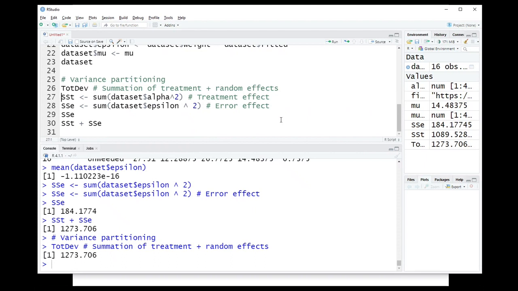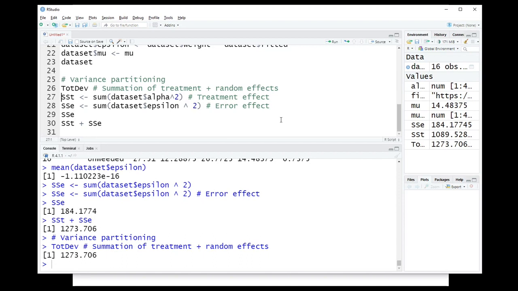Now we have managed to split the total deviance in two components. One is due to treatment effects, and it relates to alpha. The other one is due to random effects, and it relates to epsilon. So now we know where the variability in weight comes from.